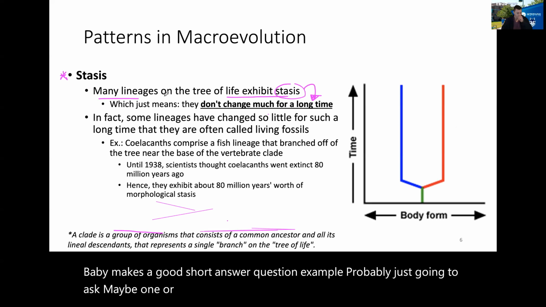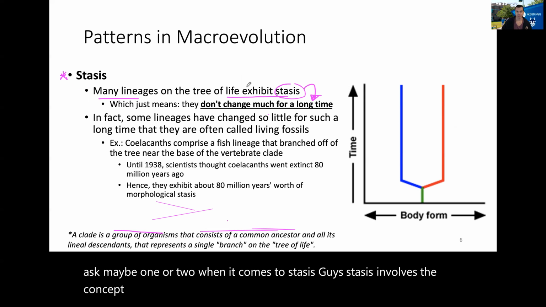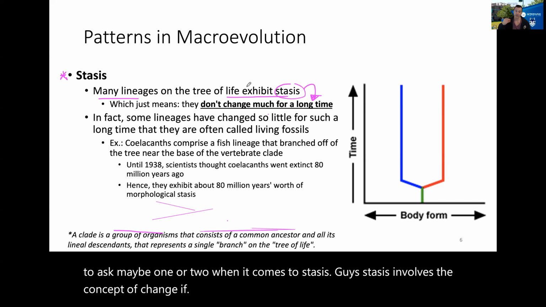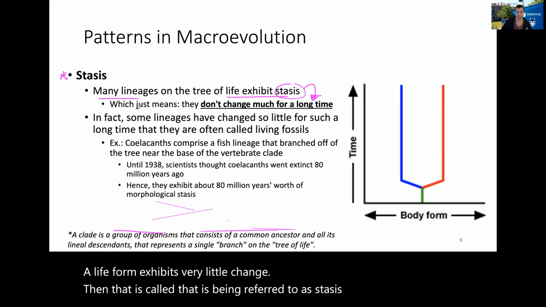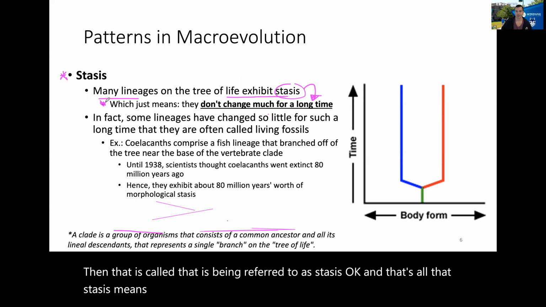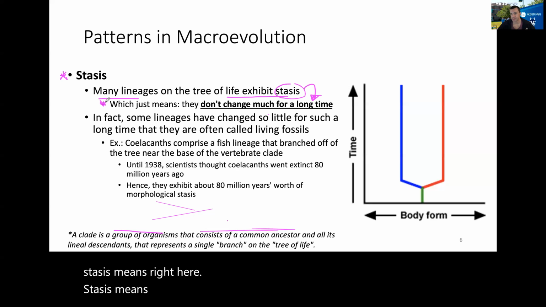When it comes to stasis, guys, stasis involves the concept of change. If a life form exhibits very little change, then that is being referred to as stasis. Okay. And that's all that stasis means right here. Stasis means does not change much over time.